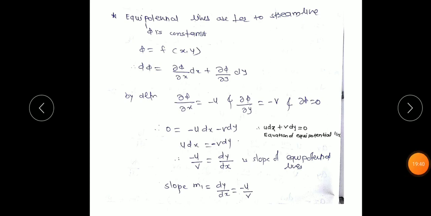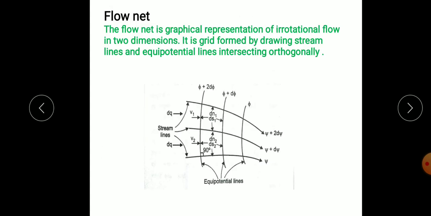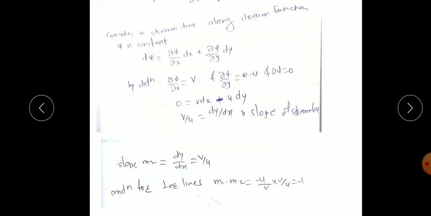Next concept we are considering is equipotential lines. Equipotential lines, that is the velocity potential. We consider the velocity potential phi. So if phi is constant, then it is called an equipotential line.